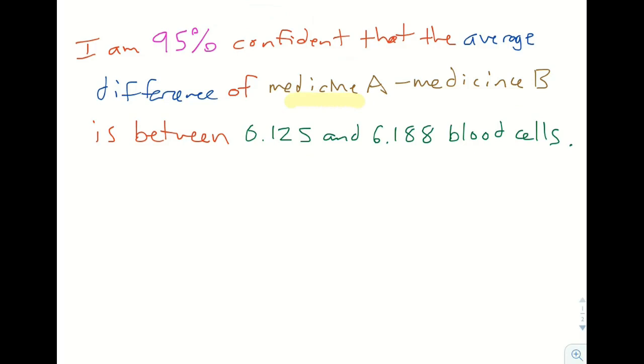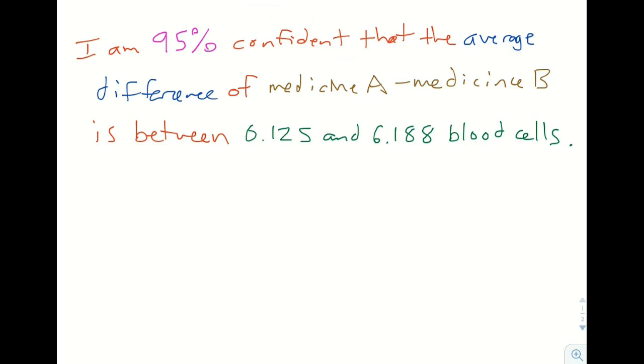Instead, we subtract each one initially for each person or for each pair of twins, and then find the average of the list of differences. So that's a little bit different than two sample, which we'll see later. But I'm 95% confident that the average difference of medicine A minus medicine B is between 0.125 and 6.188 blood cells, or whatever it is that we're studying in this case.